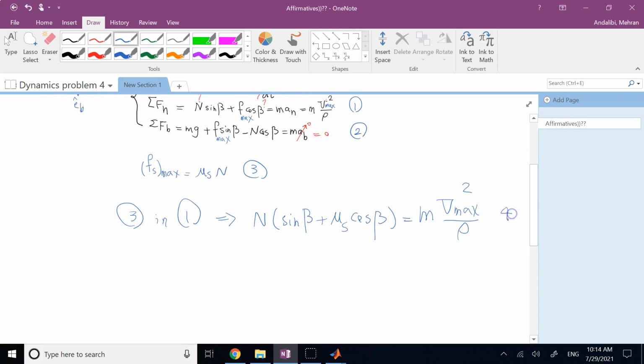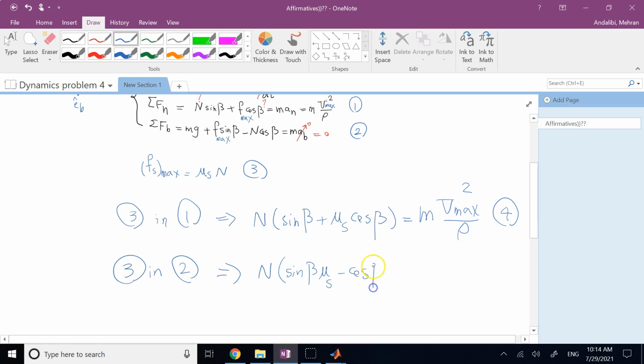And I can call this equation number 4, and then if I plug in 3 into 2, then again factor out n on the left side, I will get n times mu s sine of beta minus cosine of beta, and I take mg to the right hand side, so I will get negative mg, and that is going to be equation 5.